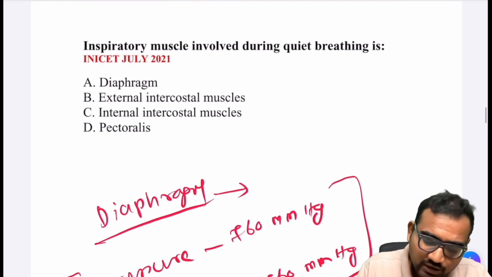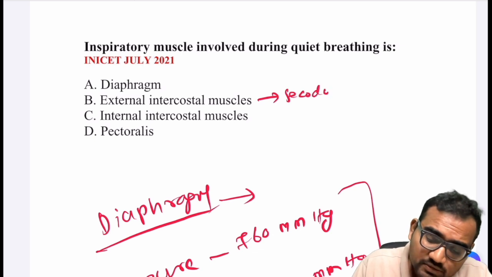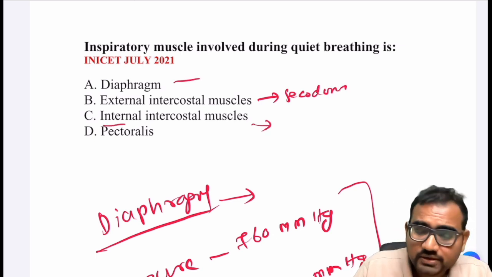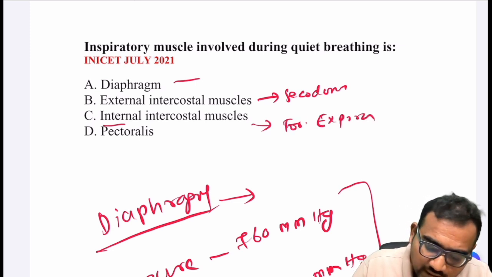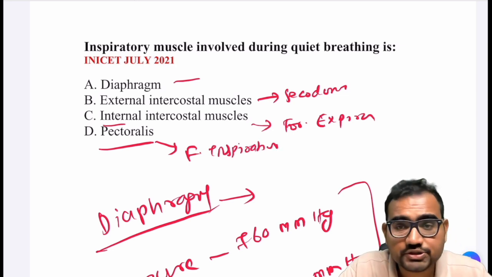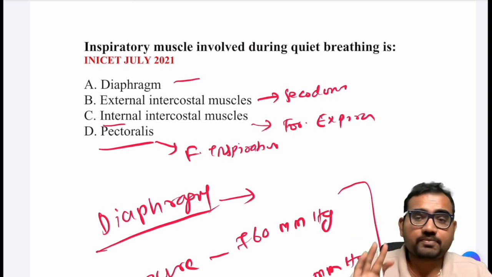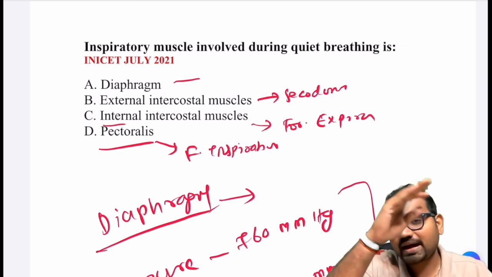For example, the external intercostal muscles are a secondary muscle. Primarily it is the diaphragm. The internal intercostal muscles are responsible for forced expiration, and the pectoralis is for forced inspiration. So, inspiratory muscle, quiet breathing: diaphragm. It contracts, the volume increases, the pressure decreases, and air comes in.